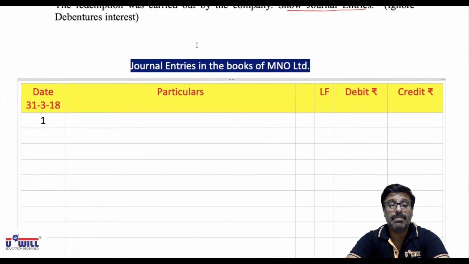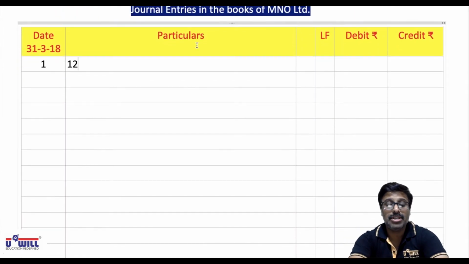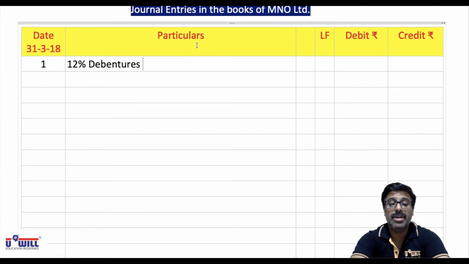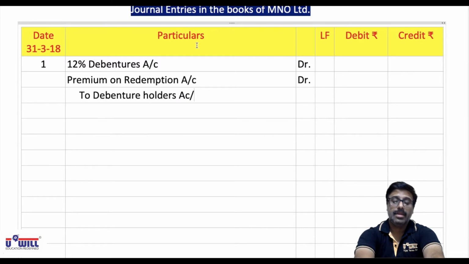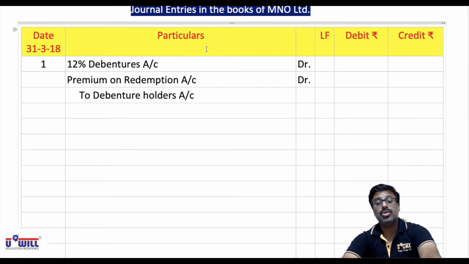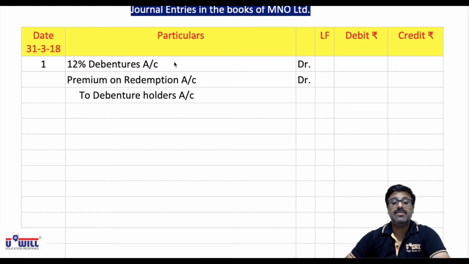Since they are to be redeemed at premium, the entry will be 12% debentures account debit, premium on redemption account debit, to debenture holders account. I repeat, debenture is a liability, so to close it we reverse and debit. Premium on redemption is a liability, so to close it we reverse and debit.